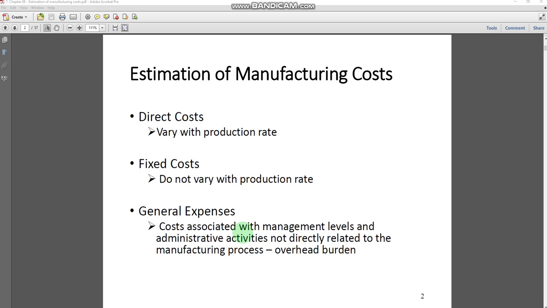We can also have the sales department, so we have to bear the salaries of those personnel. We can have some kind of financing from the bank, so we have to pay the monthly installments. And sometimes we have to run the research labs that should keep on running. So these come under the category of general expenses.